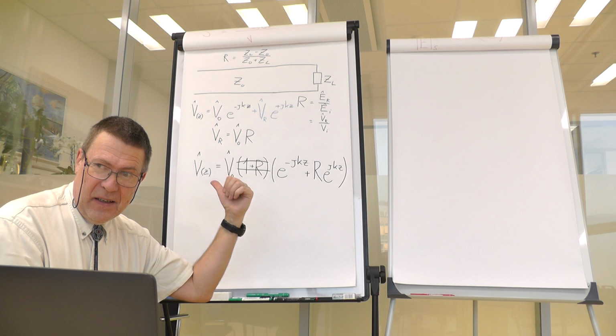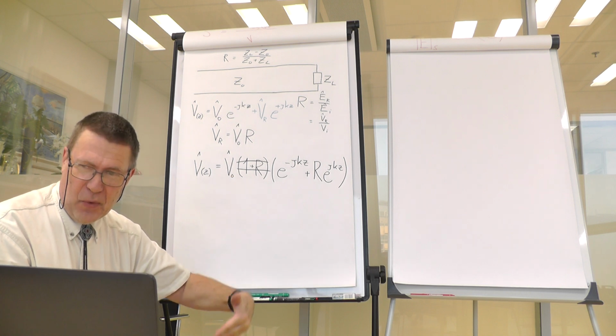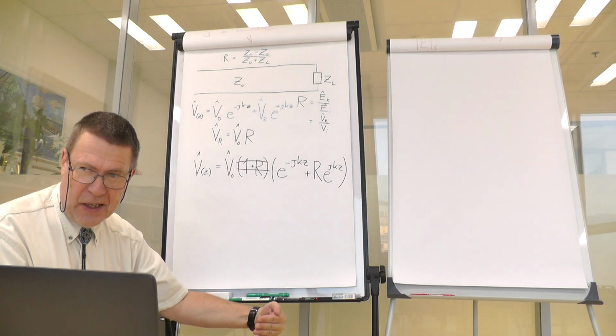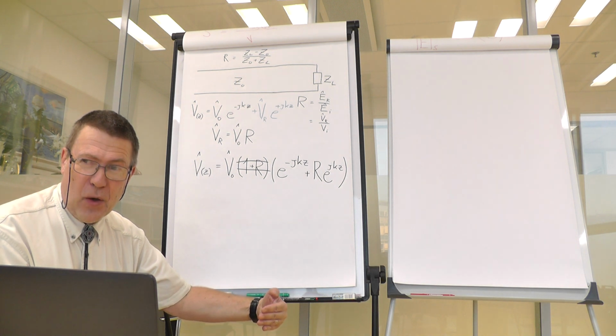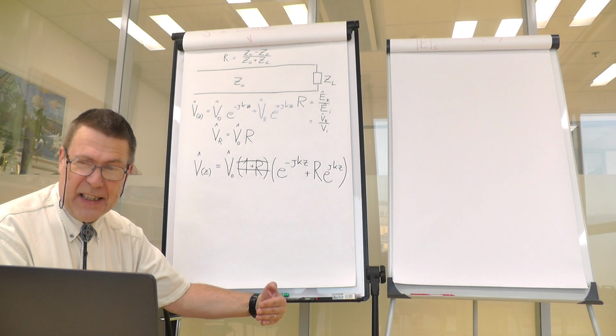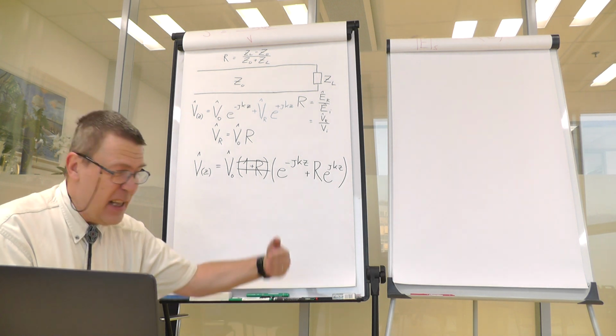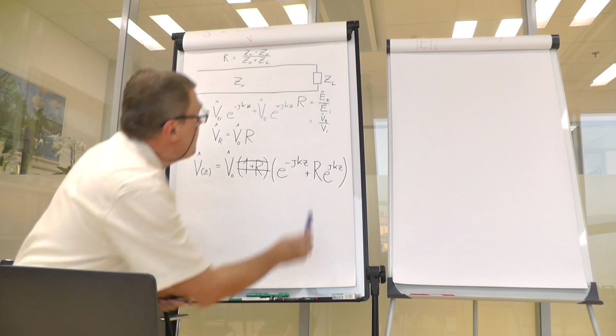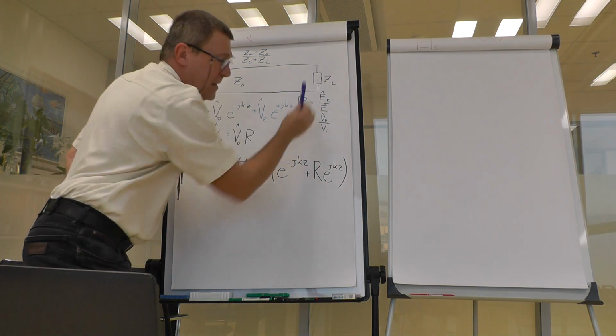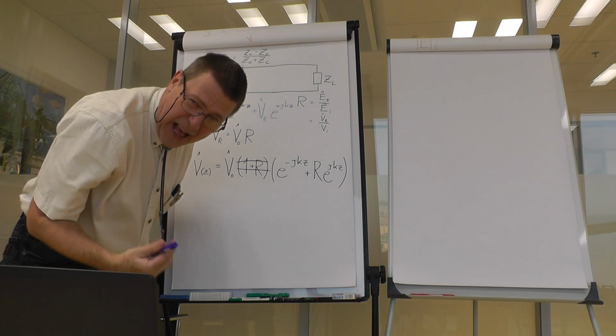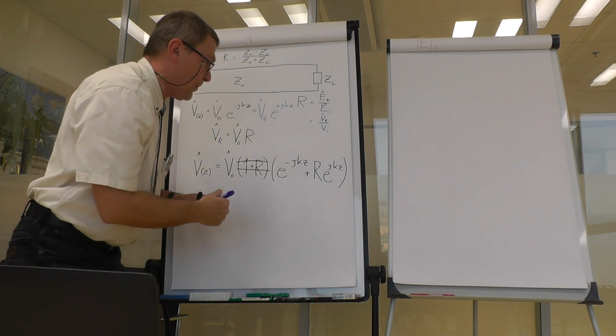And in order to satisfy the boundary condition at a short, it must be at this location perfectly antiphase, so that the wave reflects antiphase, and in the place of the impedance of the short, it cancels the incoming wave.